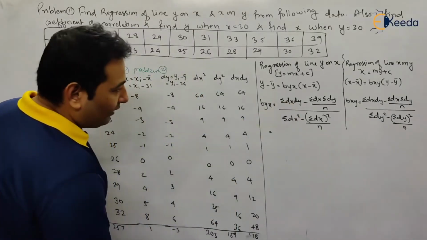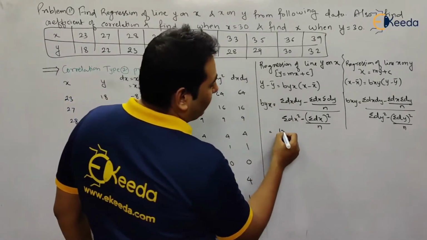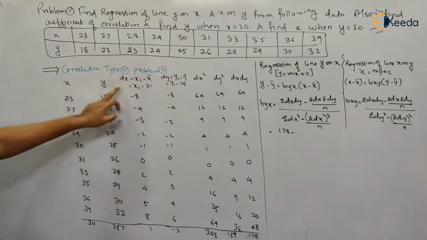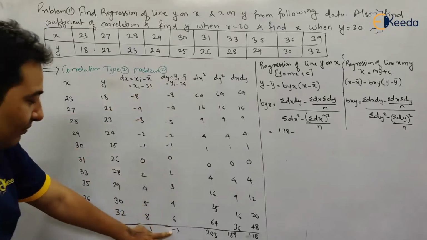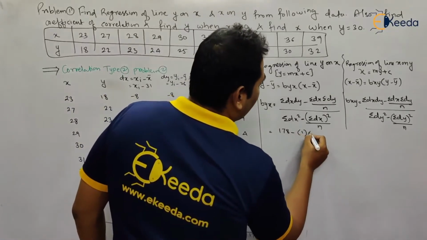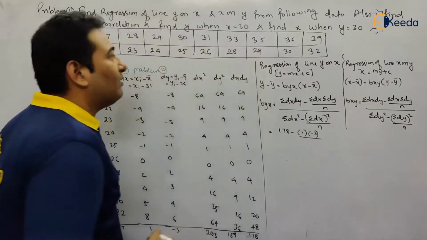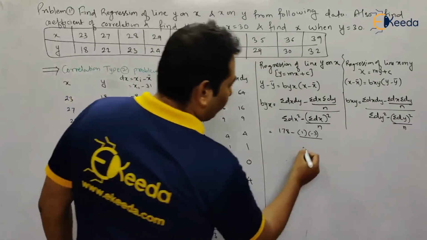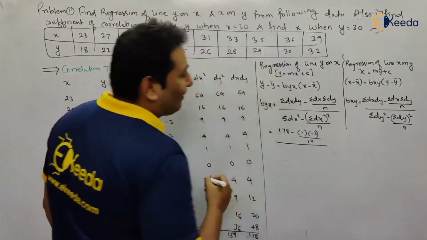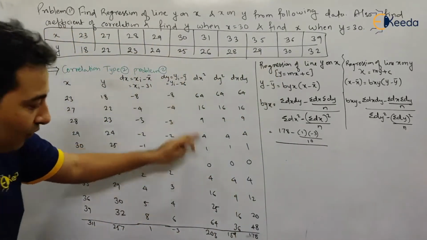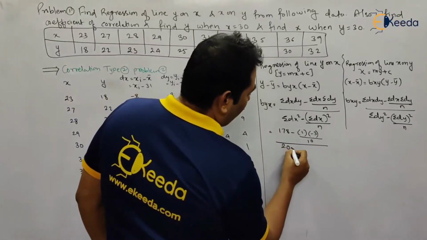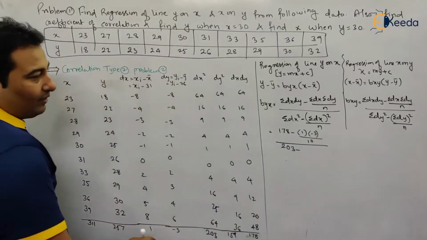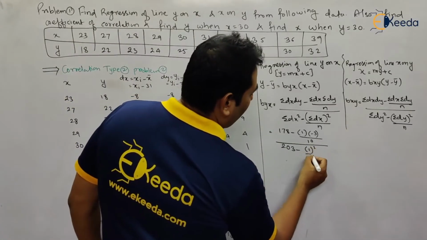Summation dx dy, see here, is 178, minus summation dx times summation dy. Summation dx is 1 and summation dy is minus 3, so that is 1 times minus 3, upon n. N means the total number of values, that is 10. Upon summation dx square, which we already have as 203, minus summation dx the whole square, where summation dx is 1, upon n.